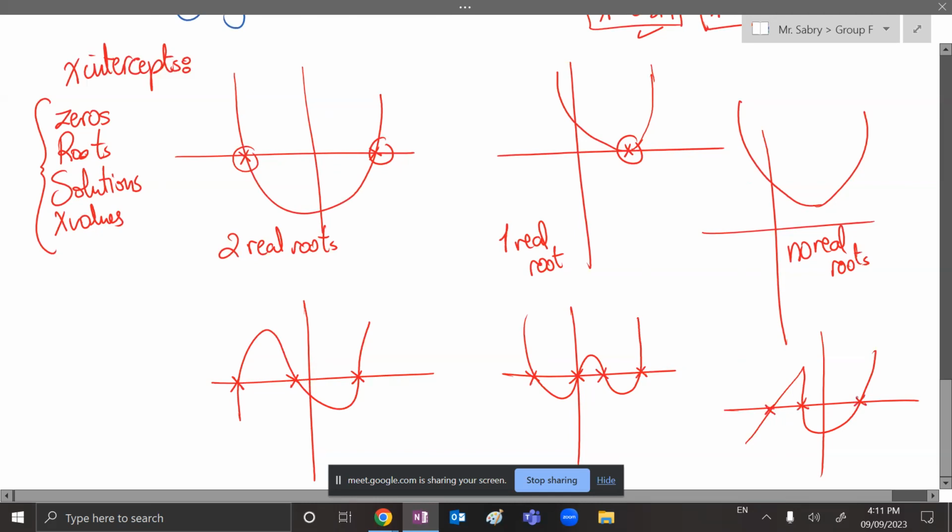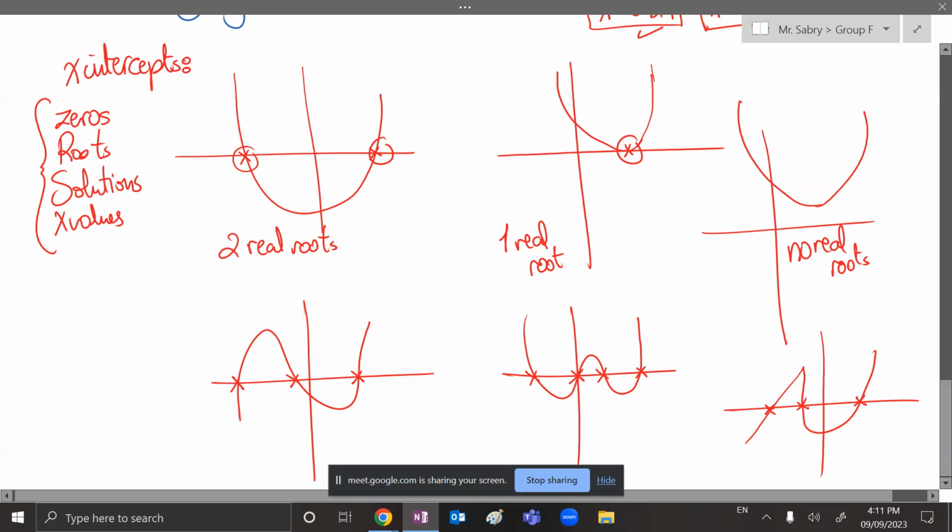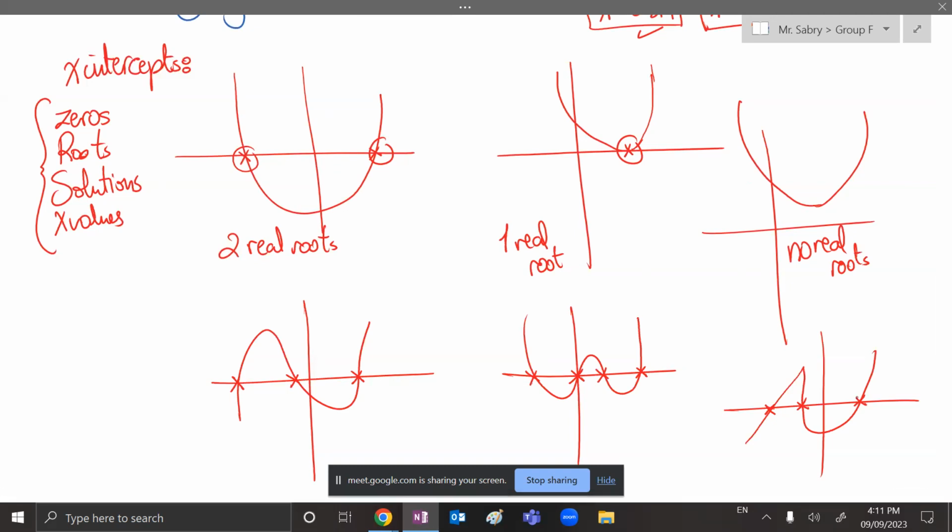So the roots are, yes, but this is what you started discussing from madrasa. This is the part that says: explain the relationship between the number of roots of an equation and its graph, and identify the graphical definition of a solution of a quadratic equation.